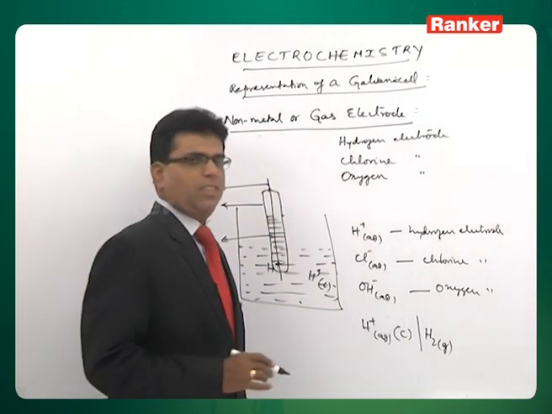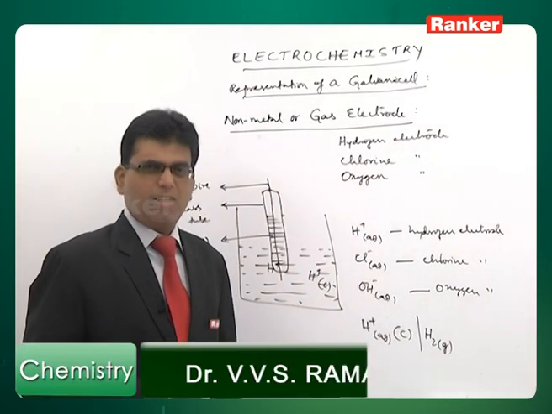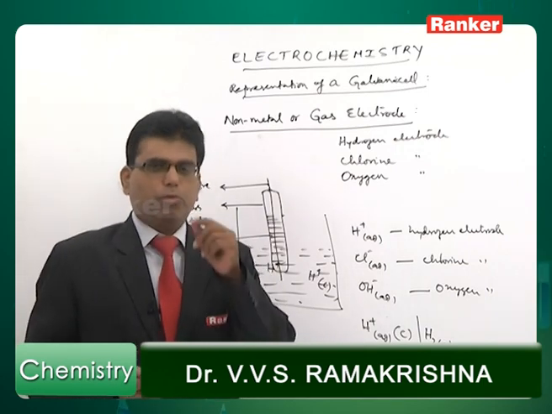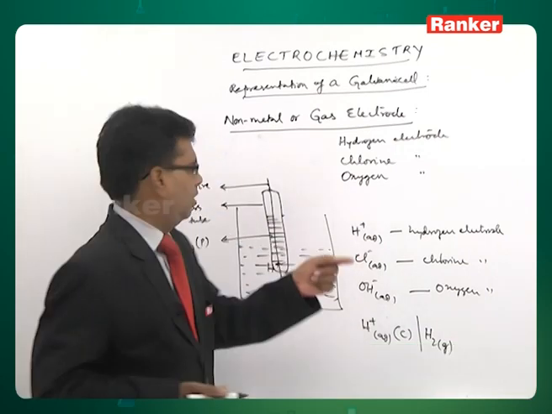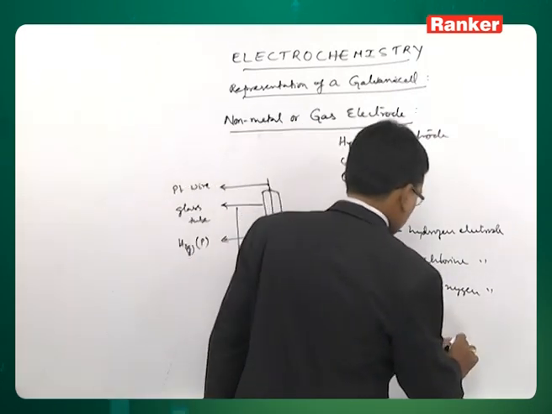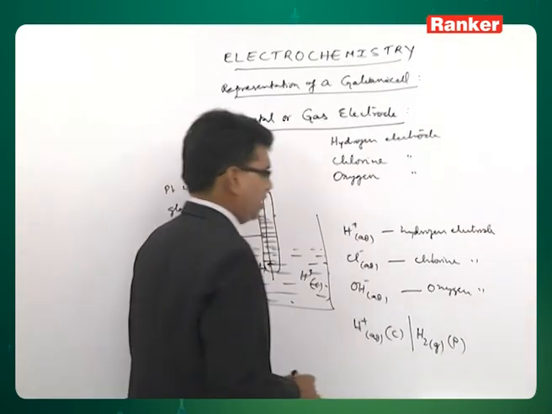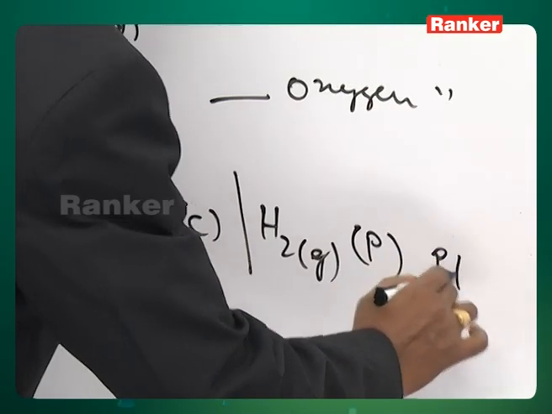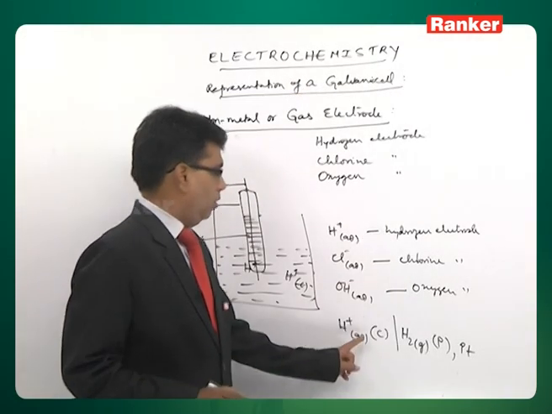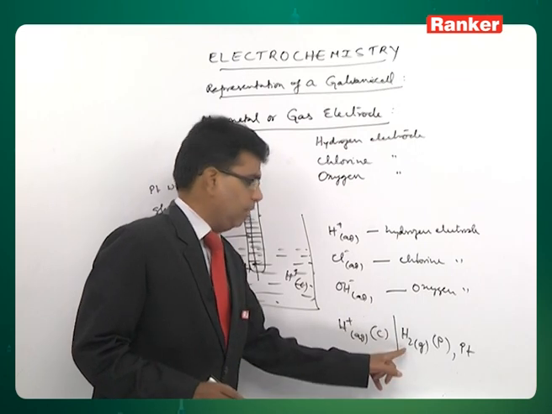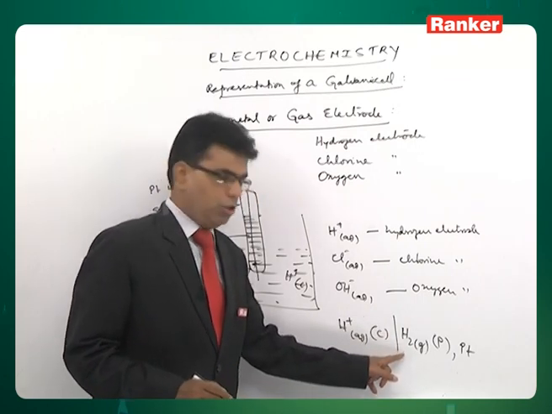But as you know, hydrogen gas or chlorine gas or oxygen gas, for that matter any gas, cannot act as a conductor. So, we require a conducting medium, and that conducting medium is platinum wire. At what pressure we have taken the hydrogen gas, P should be mentioned. So, the representation must be like this: H plus ion getting reduced to H2.